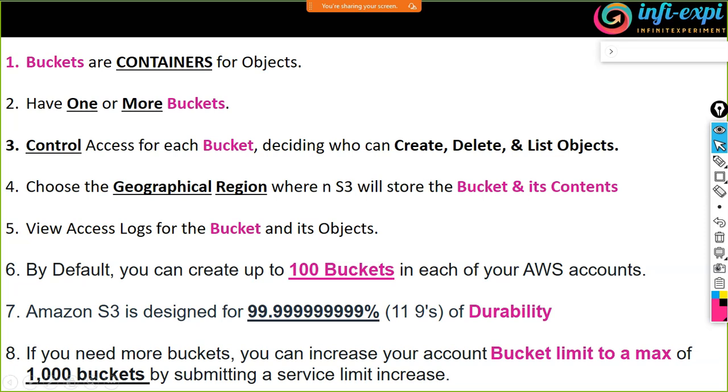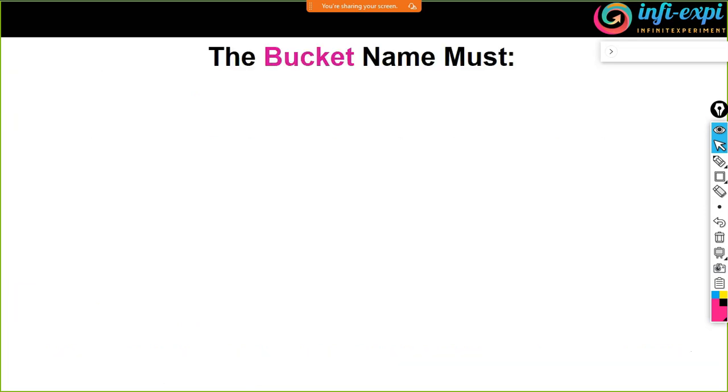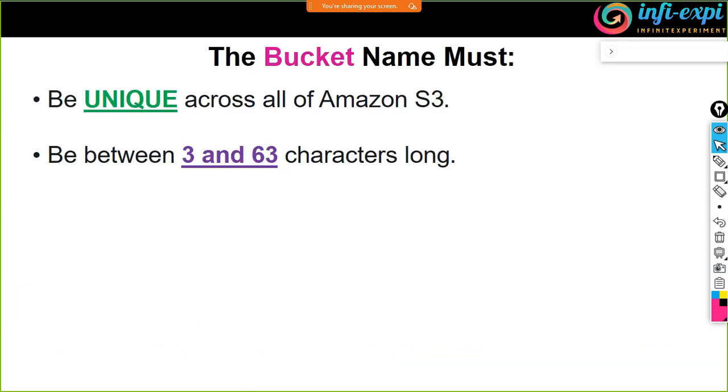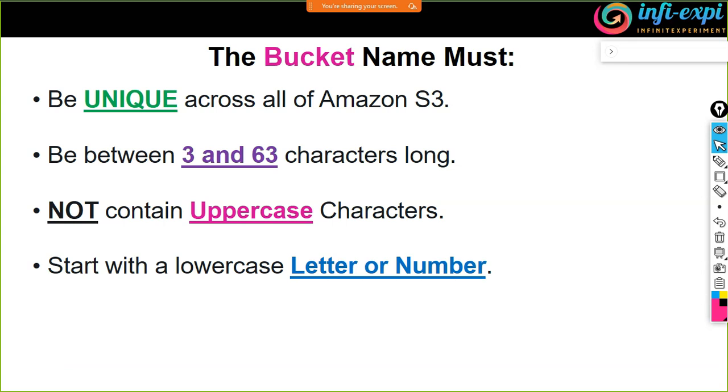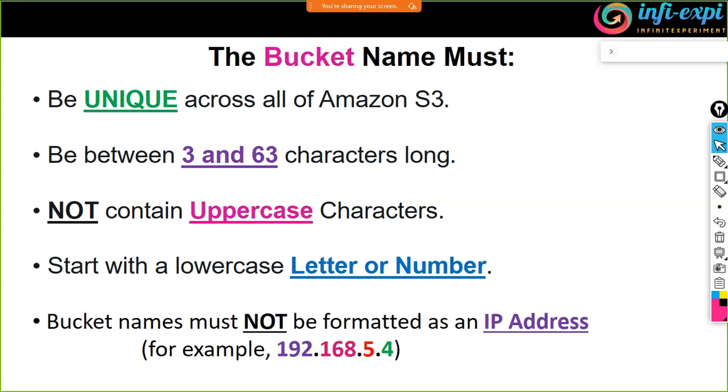The durability is 11 nines, which is unimaginable. Durability is very good in S3. Regional resilient. And the bucket naming constraints: unique, as I already said, 3 to 63 characters long, not containing uppercase. It starts with a lowercase letter or number. Bucket names must not be formatted as an IP address. So you cannot give it like this. Can I use this as a bucket name? No, you can't.